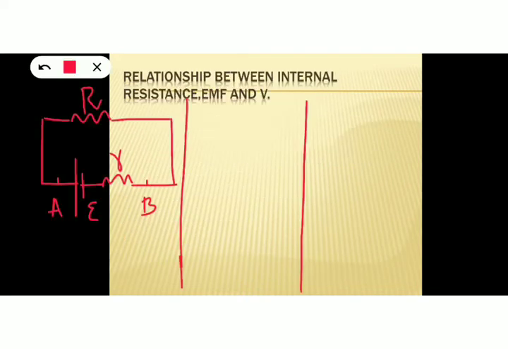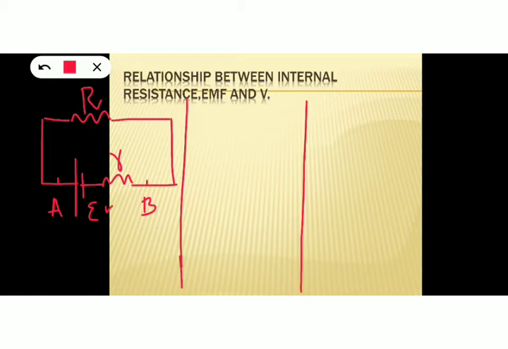Children, there is a relationship between internal resistance small r, EMF and potential difference V. So for that, consider the figure or circuit as shown here. Consider a cell of EMF E. This is EMF E. The cell has an internal resistance small r.